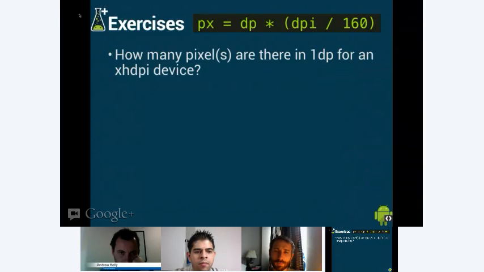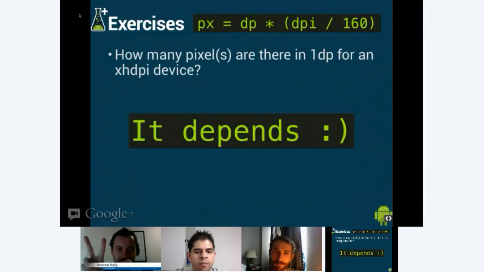Let's get to another exercise. How many pixels are there in 1DP for an XHDPI device? Guess what? The answer is, it depends, because XHDPI is actually a range.